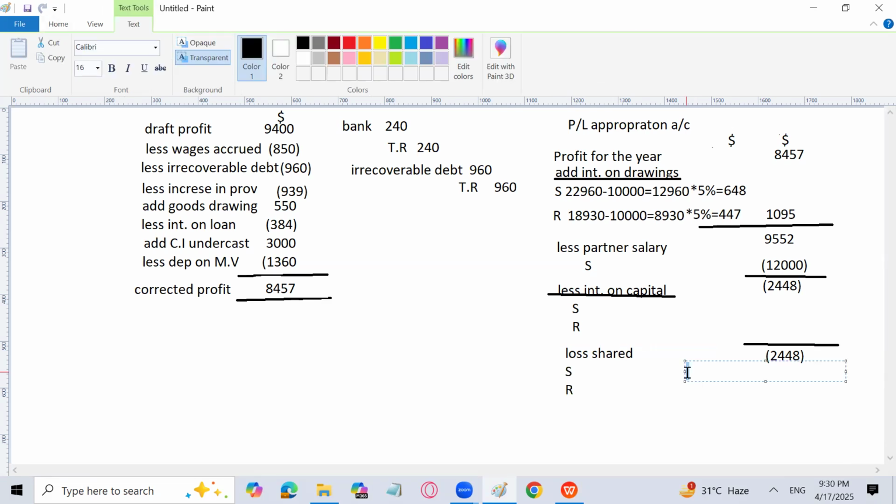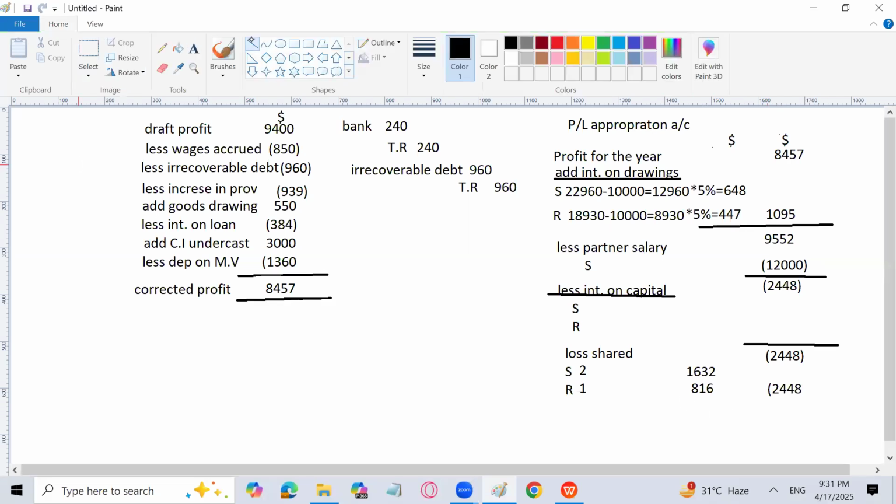That is the amount. 1632 is the first, and 2448 into 1/3, because 2:1 is their profit ratio, is 816. So the total is again the loss of 2448. The loss is shared between the two partners, and we have done that already.